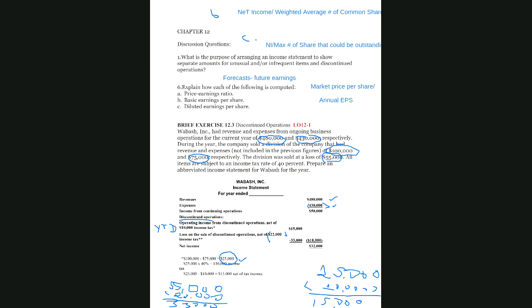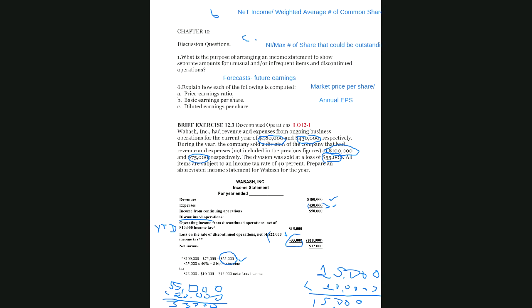So what was the net loss really on the disposal of the segment of those assets? $33,000. So what was the result of selling off that particular segment? The net effect was a net loss of $18,000.